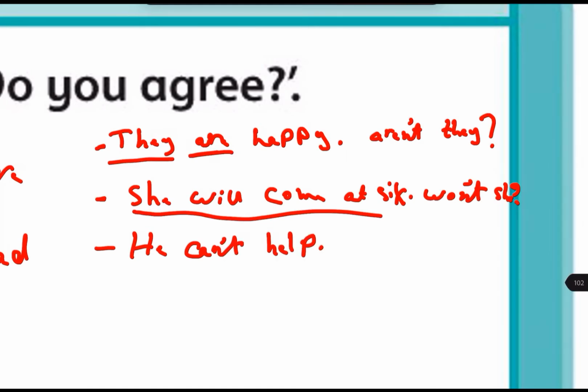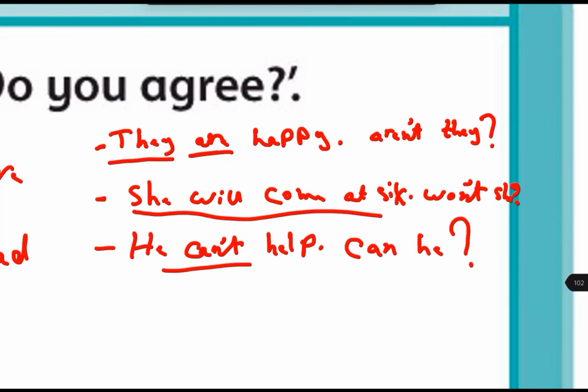In this sentence, we have a negative sentence. While making a question tag, we have to change the negative sentence to a positive sentence. It became like that. Can he?